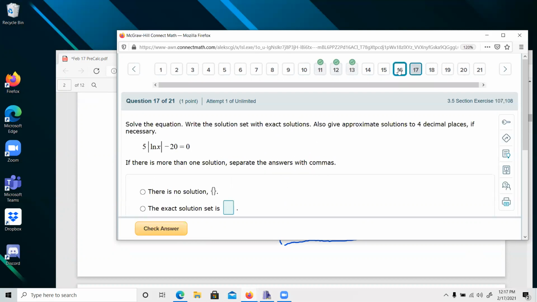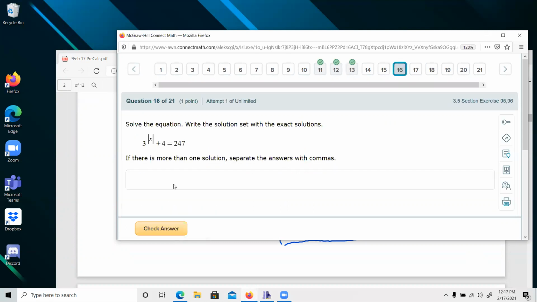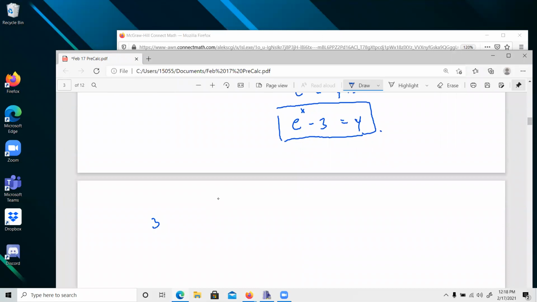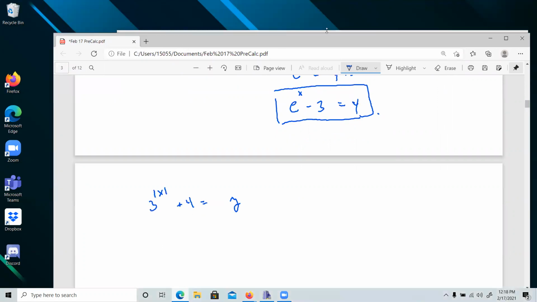Actually, let's go back and look at this one. We have 3 to the absolute value of x plus 4, equals 247. Okay, these are the slightly harder ones here.